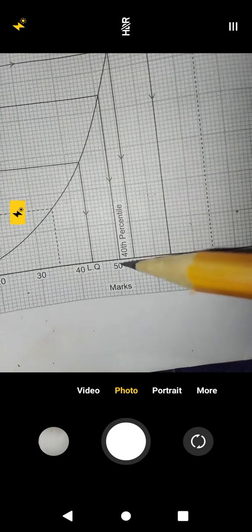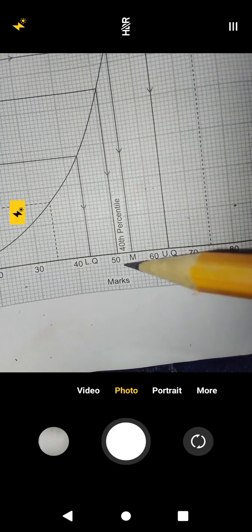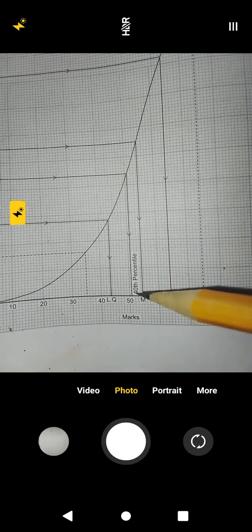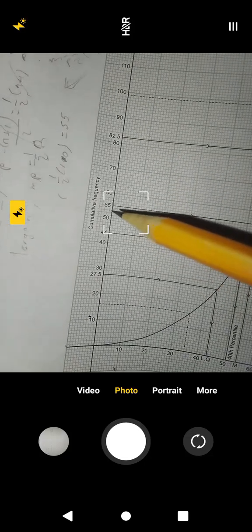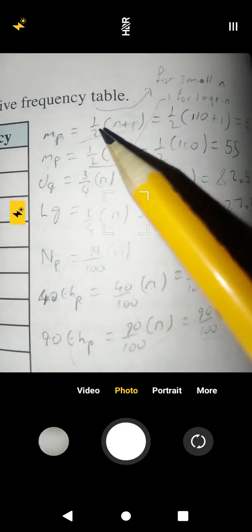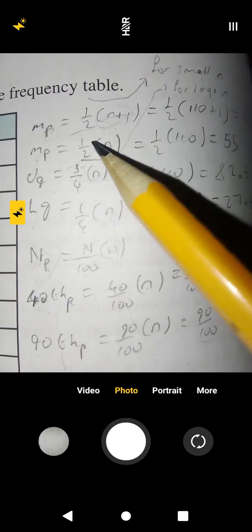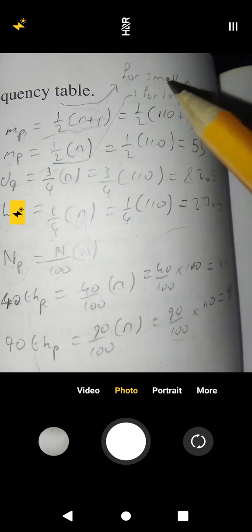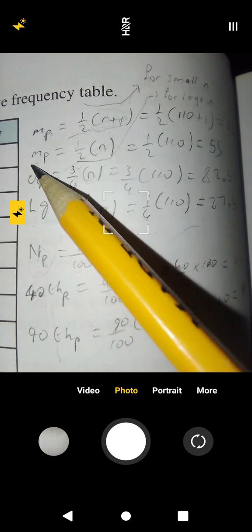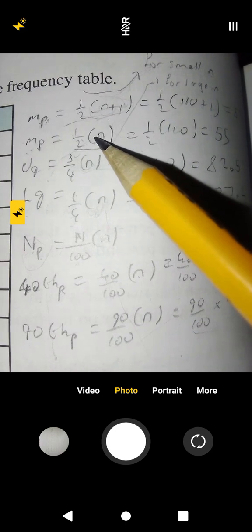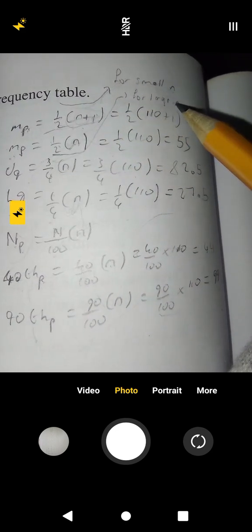You should have found the median to be 54.5. Like we've said, the median position is half times n plus 1 for small n, but the median position is now half times just n and not n plus 1 if n is large.